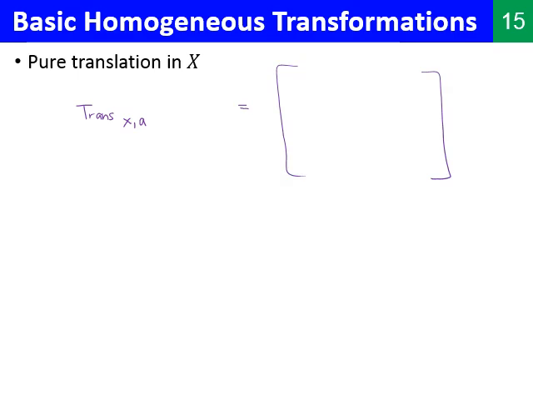Okay, so assuming you have finished, again we can think of the partitions. So we would have zeros here and a 1 here. When we say pure translation, there is no rotation involved, so the resulting rotation matrix should be the identity matrix, right?